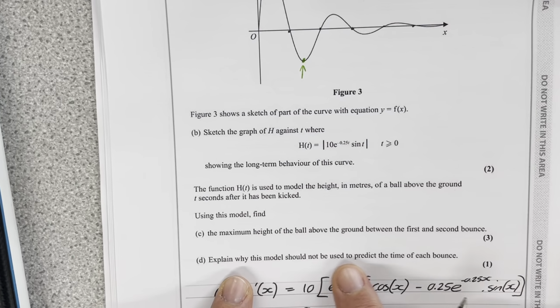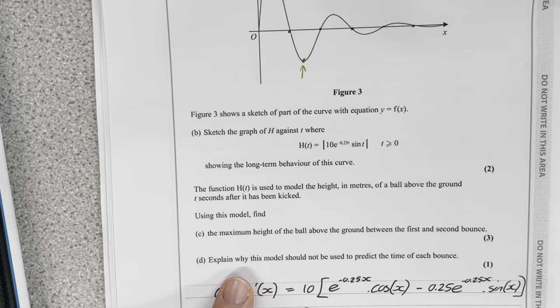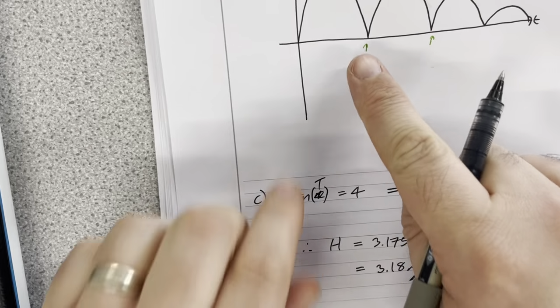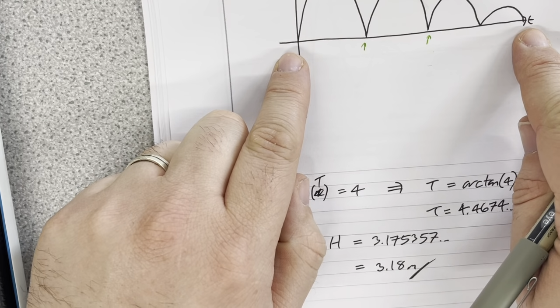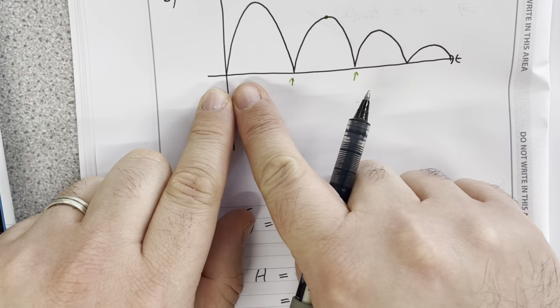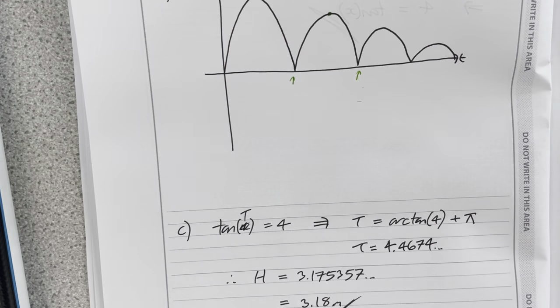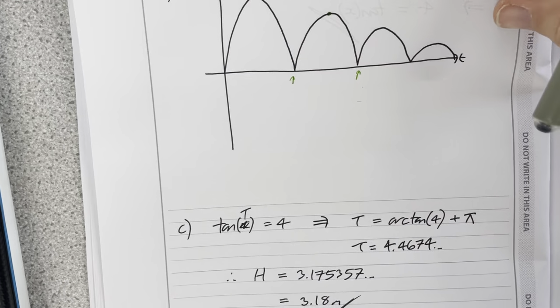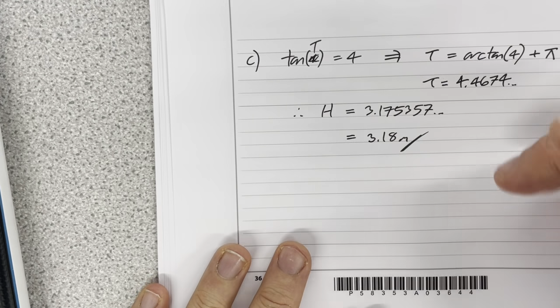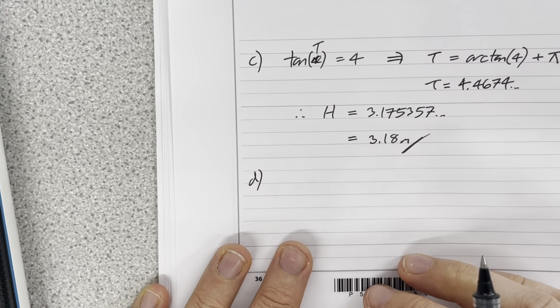Explain why this model should not be used to predict the time of each bounce. Let's go back to my point earlier. These are equidistant on my t-axis. So this model would say that the time between bounces is equal between any two bounces, which is not true in reality.